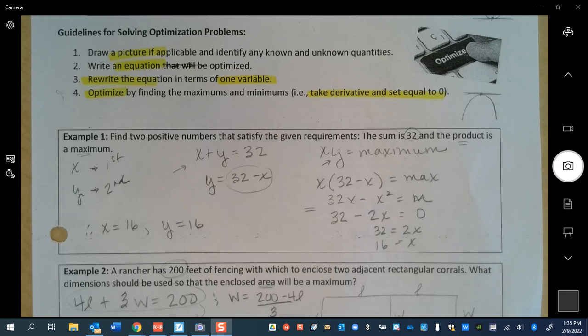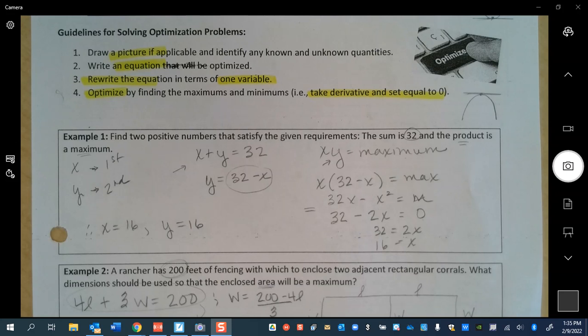So if we're looking at that graphically, if I have some kind of a curve in my graph, I'm looking for this part here where the slope of my tangent line is either maximized or minimized.